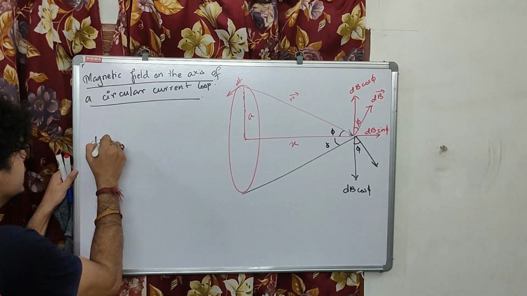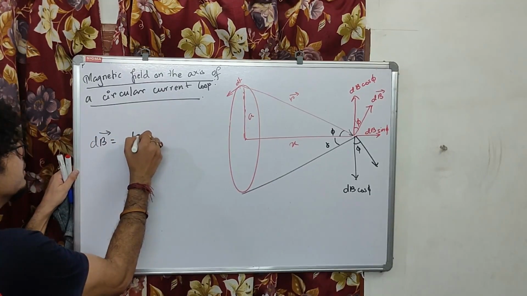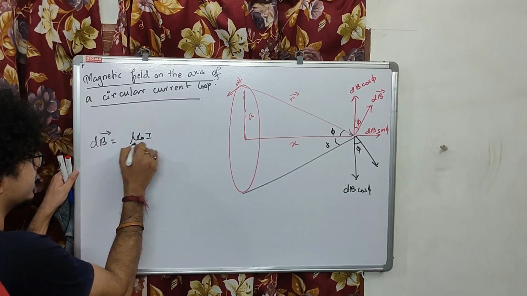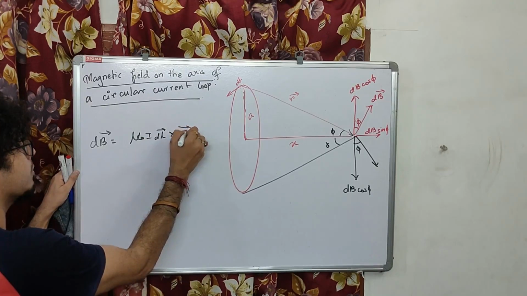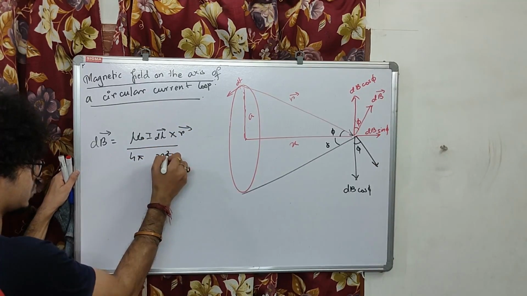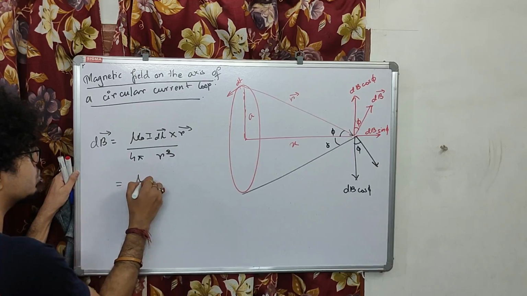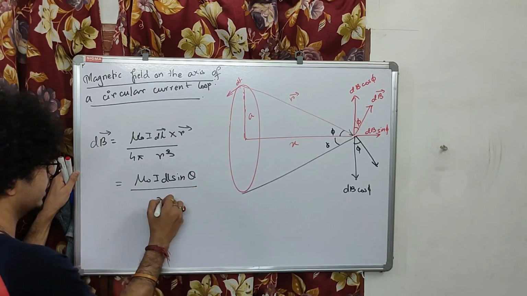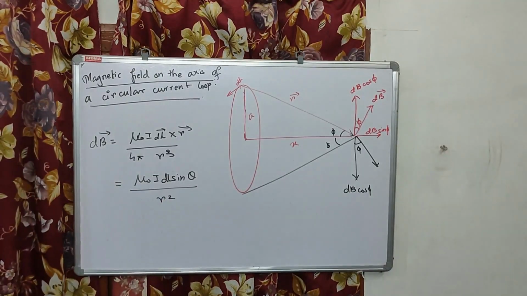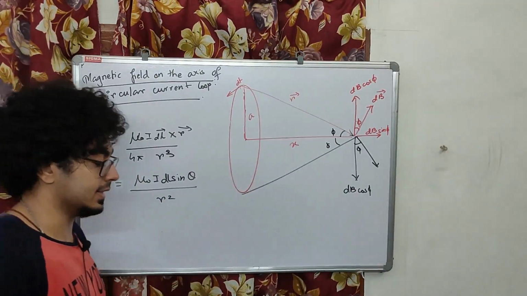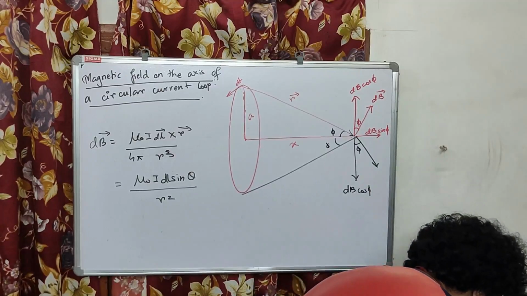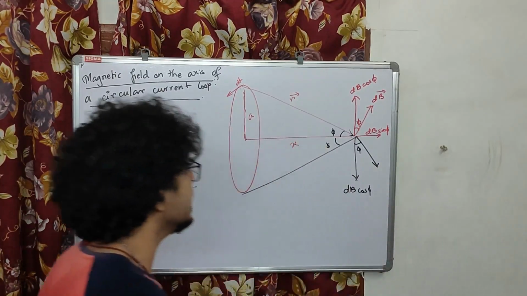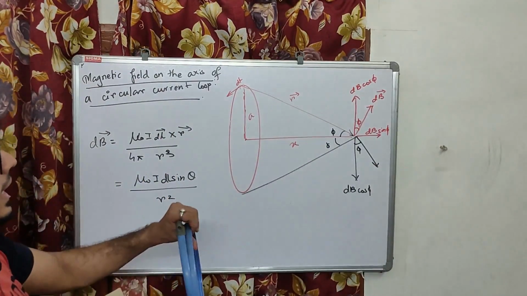So what will be dB? dB will be mu naught I by 4 pi into I dl cross r by r cube. So this comes out to be I dl sin theta by r square. Now what is sin theta? Sin theta is the angle between dl and r.